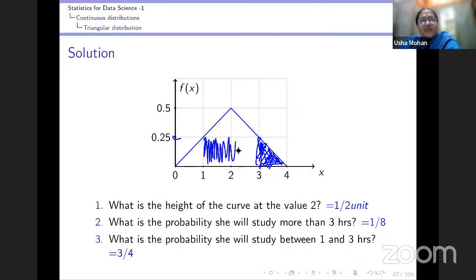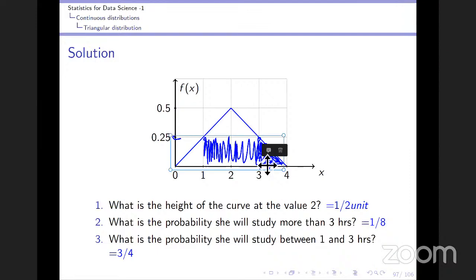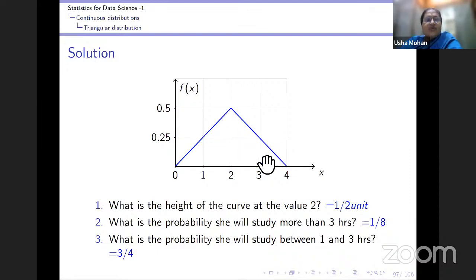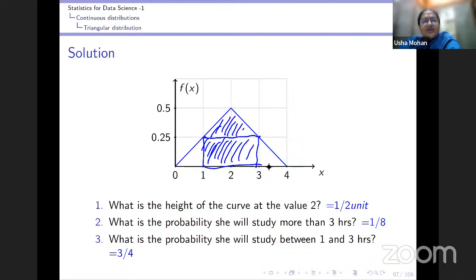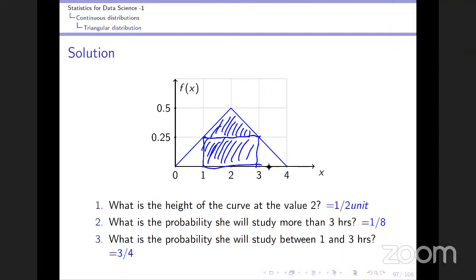Probability that she'll study between 1 hour and 3 hours. What is the area of the rectangle? 2 into 0.25, 0.5. What about this? 0.125. So what would be the total area? 0.75, which is 3/4. Is that clear?